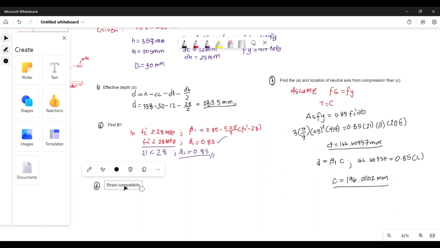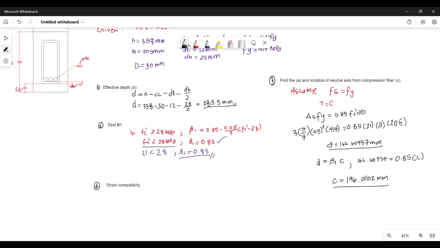According to code, if strain s is less than strain t, our beam is over reinforced.